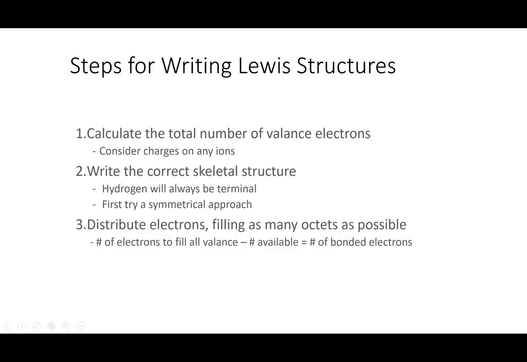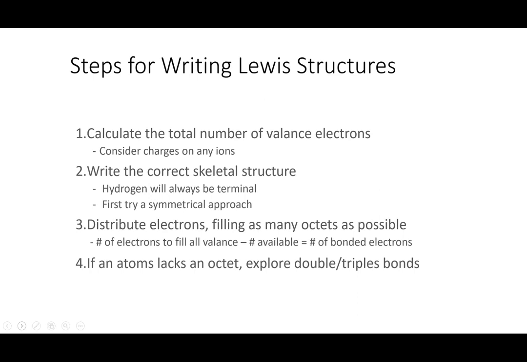Step 3, distribute electrons, filling as many octets as possible. This is where we start to move around the atoms and put dots to make everybody happy, making sure we distribute all of the electrons that we have. And step 4, we're not here yet, but I went ahead and included it.